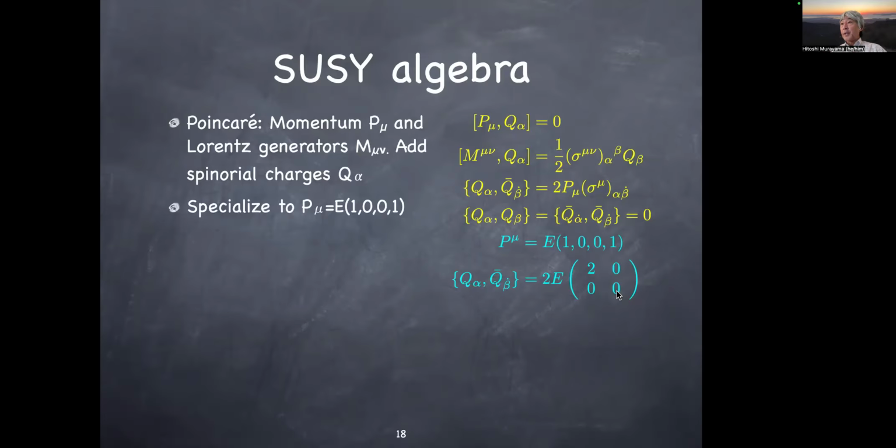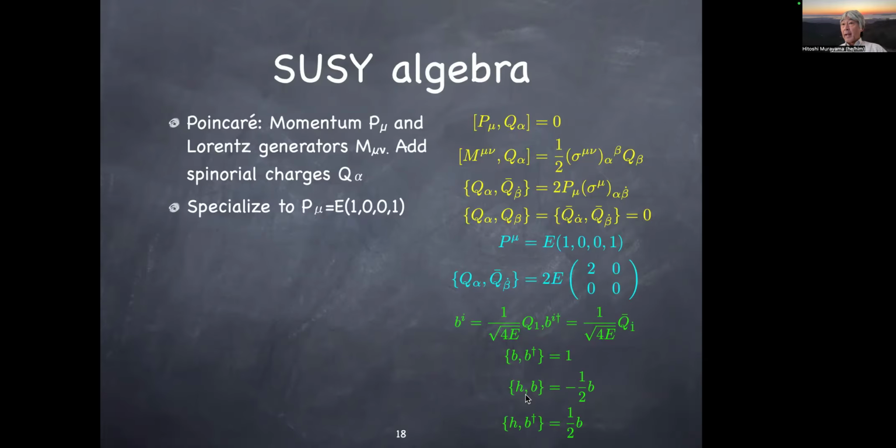Immediately you notice that in this case, Q2 and Q bar 2 are basically 0. But Q1 and Q bar 1 give you a constant anti-commutator. If you change the normalization, then Q and Q bar become annihilation and creation operators for a fermion like this one.